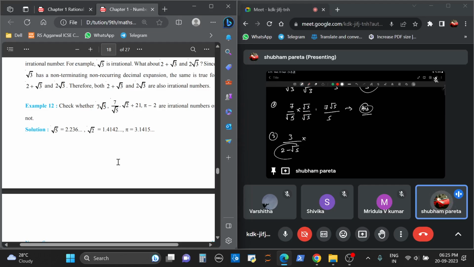Secondly, if this type of category appears, you need to change the sign over here. So this will become 2 plus under root 5 in both numerator and denominator.